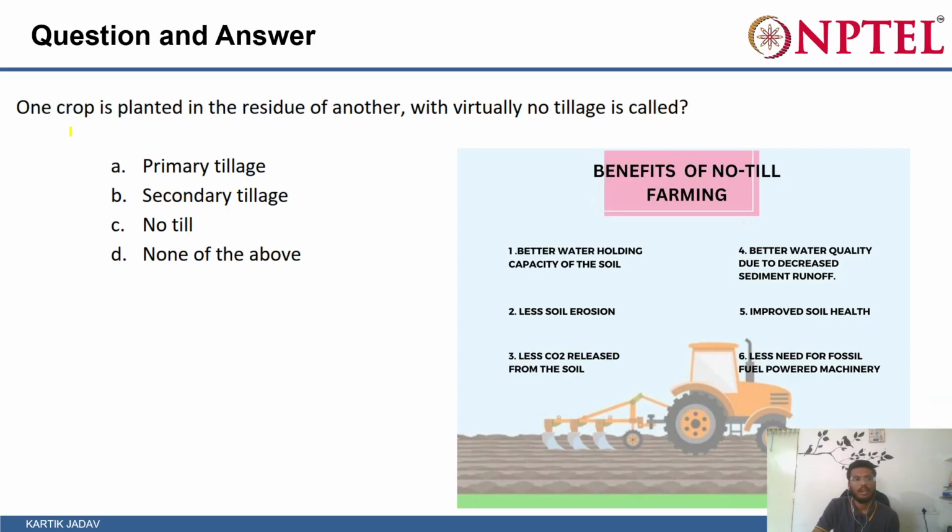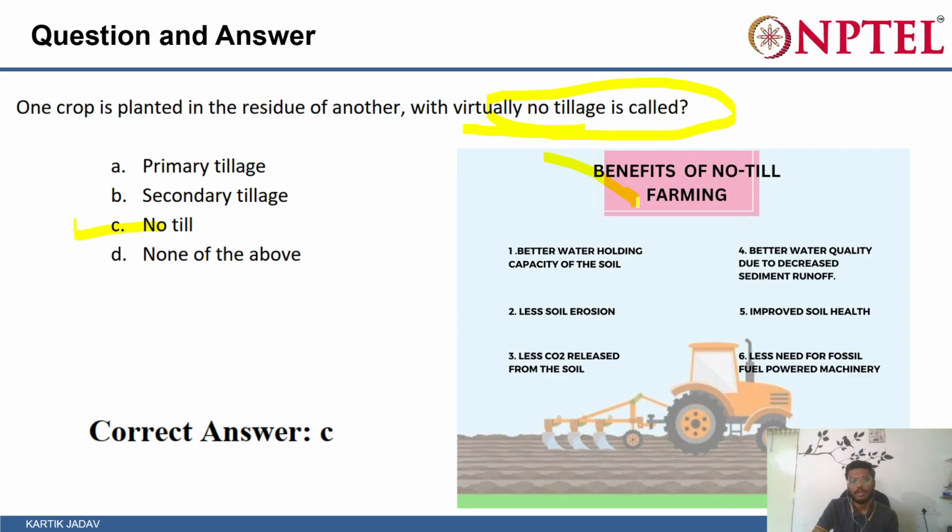Next question: when one crop is planted in the residue of another with virtually no tillage, it is called? We know that is known as no-till. There are various benefits of no-tillage operation: it helps improve water holding capacity, reduces soil erosion, and reduces CO2 released from the soil.